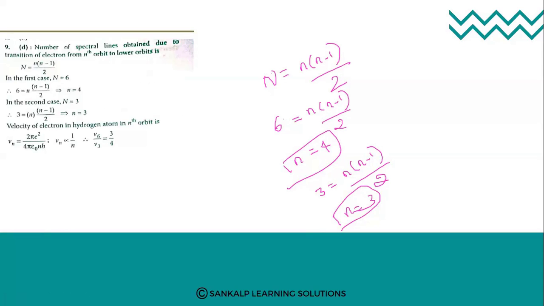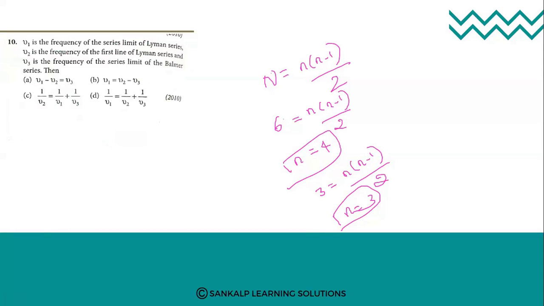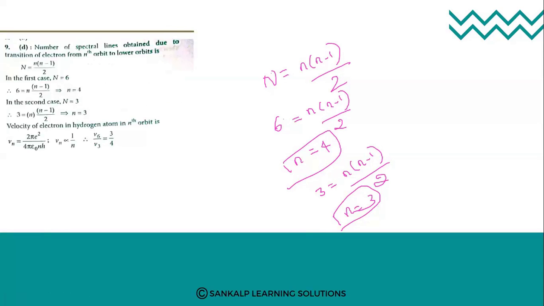So here the velocity of the electron in the nth orbit is given as, you can copy down this, 2 pi e square upon 4 pi epsilon naught nh, that is the velocity in the nth orbit. Looking at the formula, all the values are constant: 2 is constant, pi is constant, e is the charge of the electron and is constant, 4 pi epsilon naught h, everything is constant.